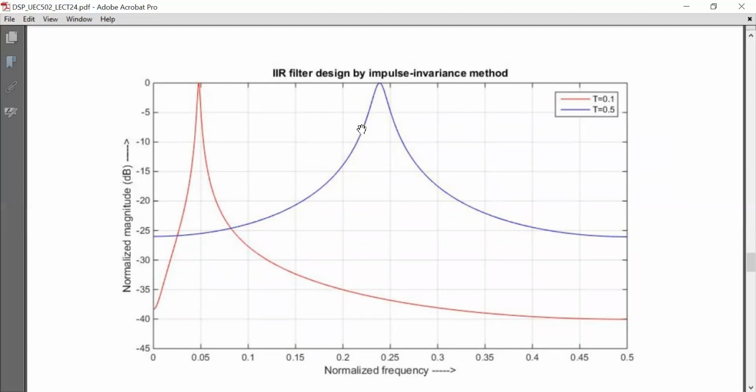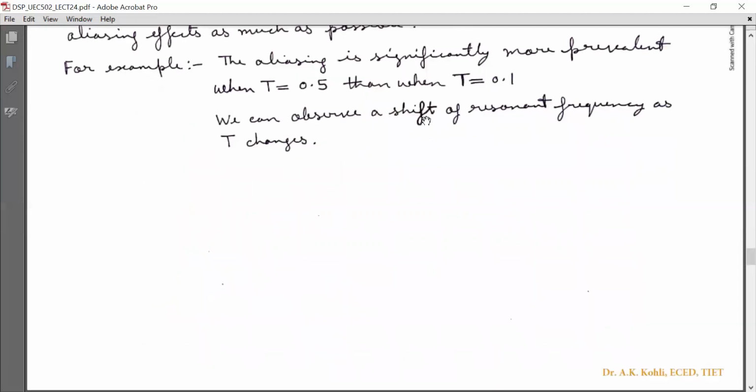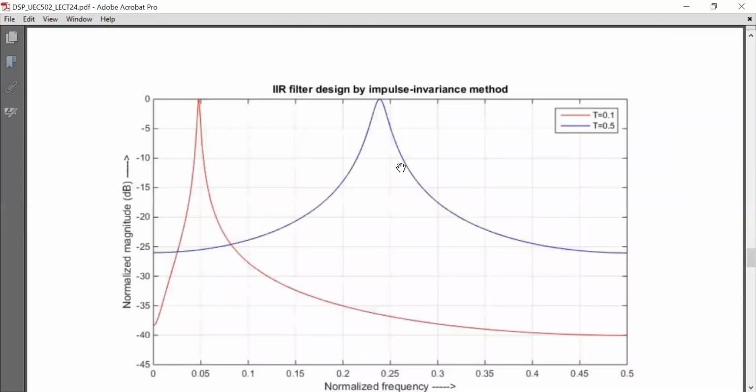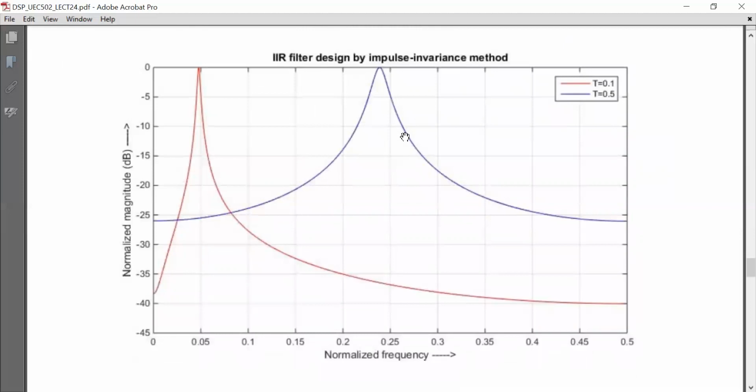This is the normalized magnitude of the same filter when capital T is equal to 0.5. You can clearly see, as mentioned, a shift of resonant frequency as capital T changes. So the effect of aliasing is evident. This is the normalized magnitude response of the above IIR filter designed by the impulse invariance method.